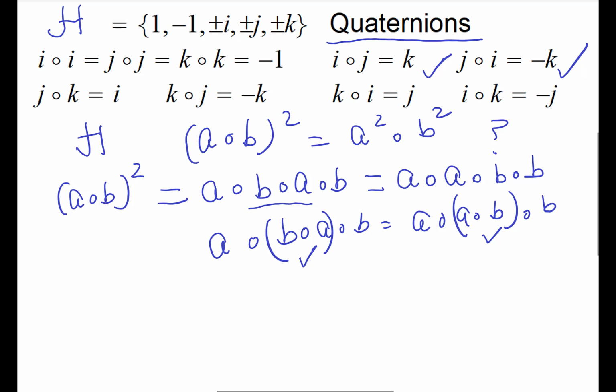So you may notice this here. I can left cancel A and right cancel B. So in case this happens, then on the other side you can write a neat argument and arrive at the conclusion that B∘A is A∘B. So that means if this happens for all pairs of elements, then the group will be commutative, and this group is not commutative.